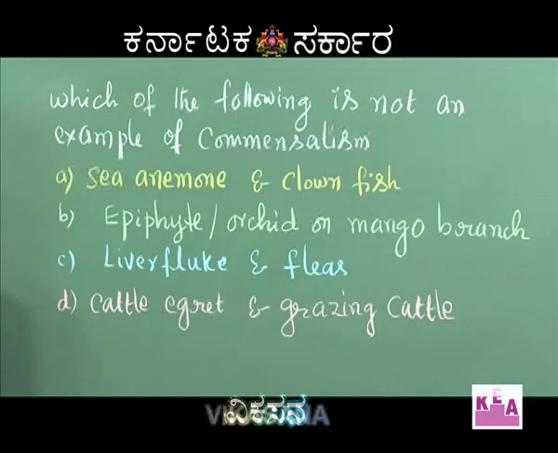When you see the options and the question, which of the following is not an example of commensalism? In this case, the correct option is C, because in these two examples, those two organisms do not have any interactions.